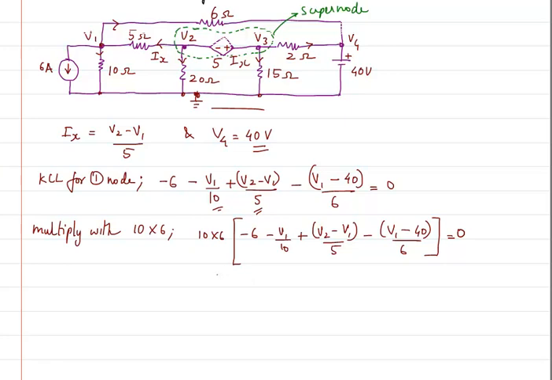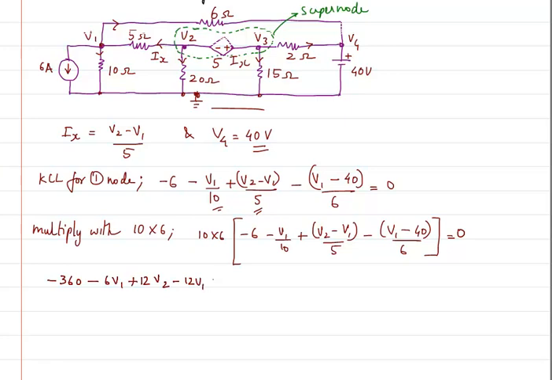So if I multiply with this, what will I get? Minus 6 into 10 into 6 is minus 360, minus, now 10 and 10 will cancel off, then I will get minus 6V1, then plus, 5 and 10 will cancel off to give me 2, so 2 into 6 is 12, so plus 12V2 minus 12V1.